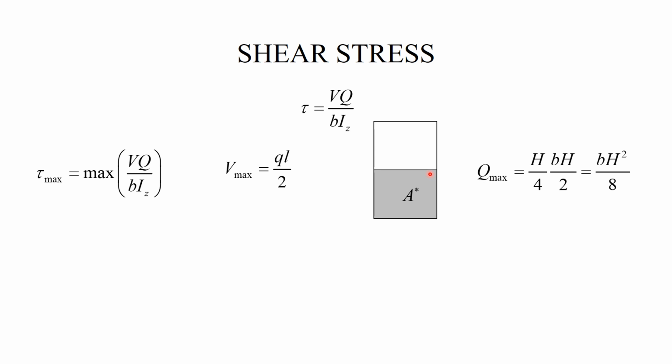So Q max is calculated as H over 4, that's the distance for the centroid, times the area of A star, which gives us BH squared over 8. Now we can put it all together with the moment of inertia BH cubed over 12, and we obtain that tau max is equal to 3QL over 4BH.